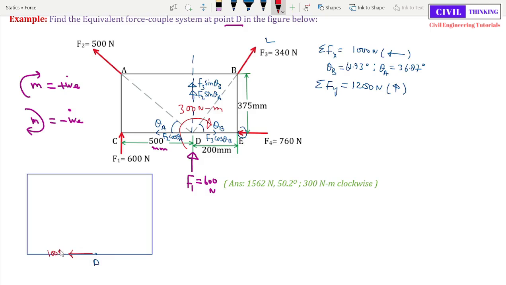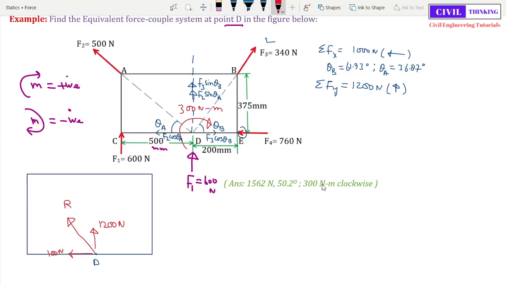Then we have 1200 Newton upwards at point D. Now there are only two forces and they are perpendicular to each other, right? Now the resultant will be somewhere between them. Let us say this is the resultant.